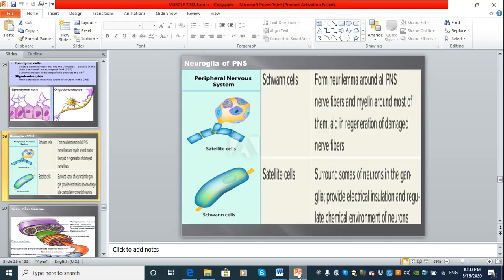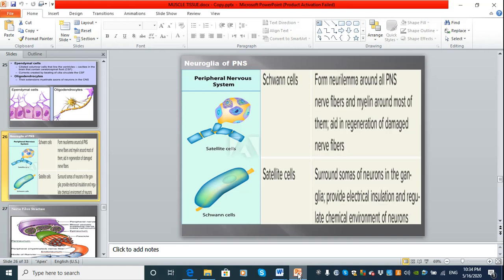For the peripheral nervous system, we have two types of cells. Schwann cells form the neurolemma, as we have the sarcolemma, the cell membrane. So the neurolemma is the cell membrane of the nerve cell, and it helps in the regeneration of damaged nerve fibers.